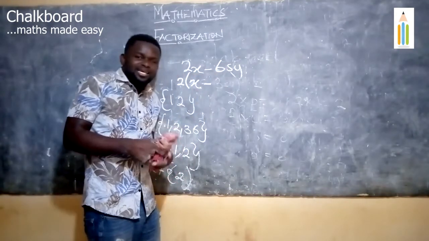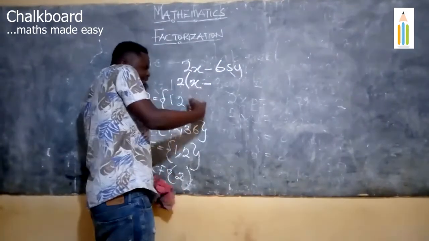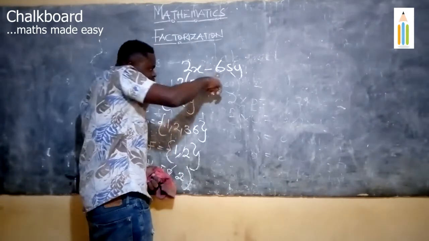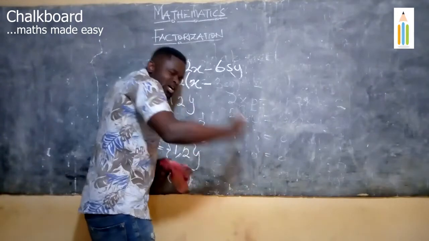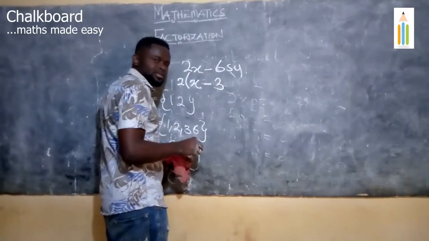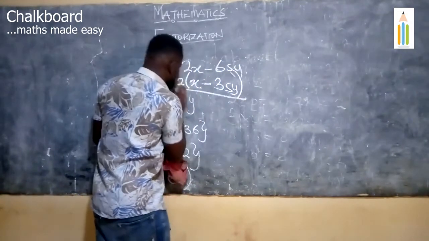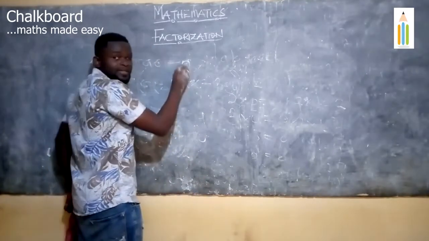So what will be left here? 6 divided by 2. Meaning, how many times will 2 go into 6? Or simply put, 2 times what will give me 6? And that is 3. Then I add my y. Now the factorization is complete.